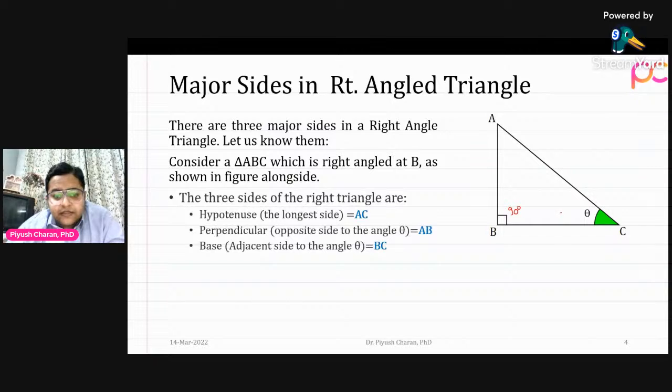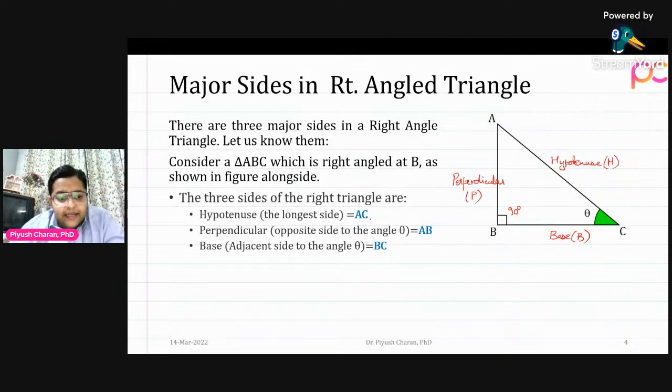So there are three sides: the side opposite to the right angle, that is the hypotenuse, is denoted by capital H. The side adjacent to angle C or angle theta is known as the base, denoted by capital letter B. And the side opposite to angle theta is known as the perpendicular distance or the perpendicular, denoted by capital P. So you see there are three sides now: AC being the hypotenuse, BC being the base, and AB is the perpendicular height or the perpendicular distance.